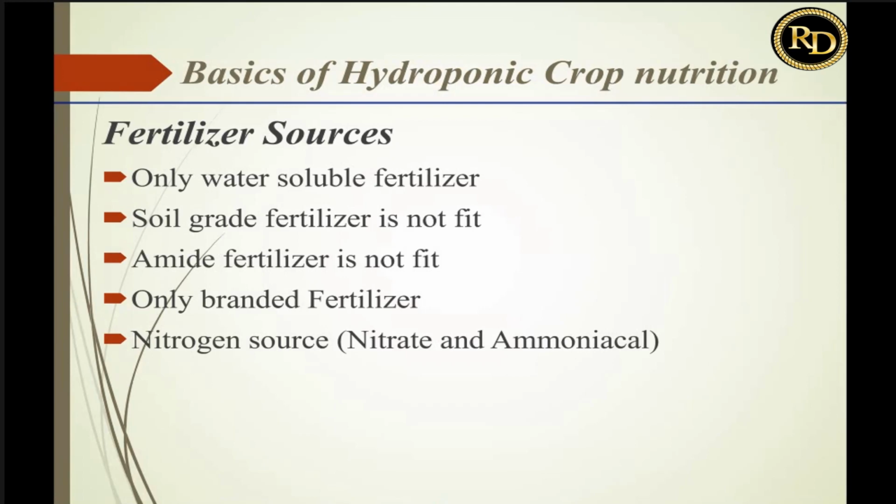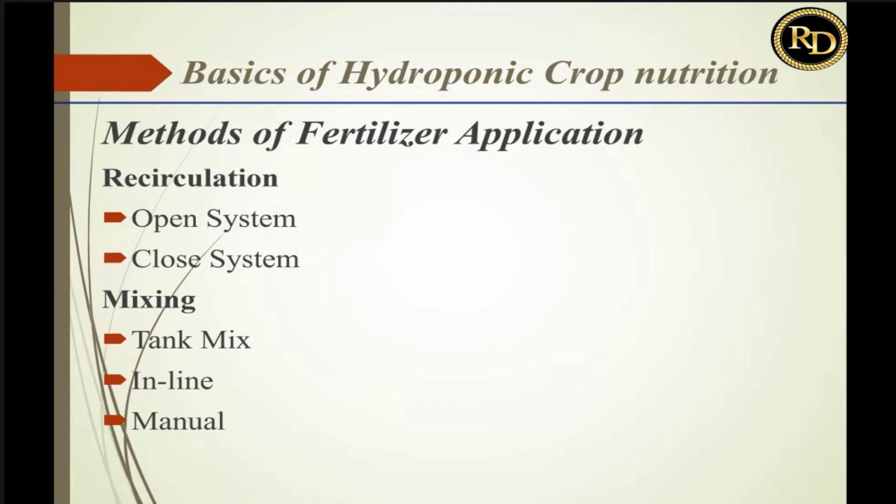After that, the second basic concept of hydroponic crop nutrition is how you supply your nutrition or fertilizer. If we classify the types of fertilizer application, it is based on recirculation, and we can also classify in different ways. Circulation is either an open system or a closed system.